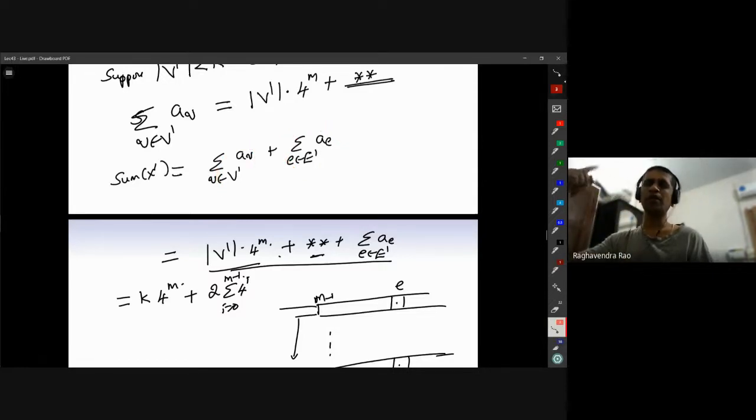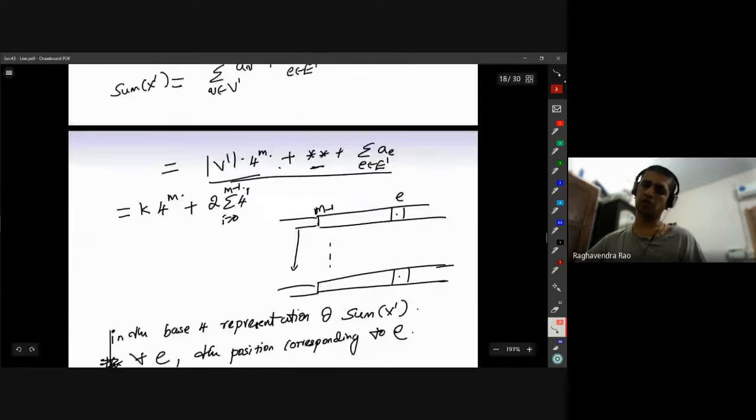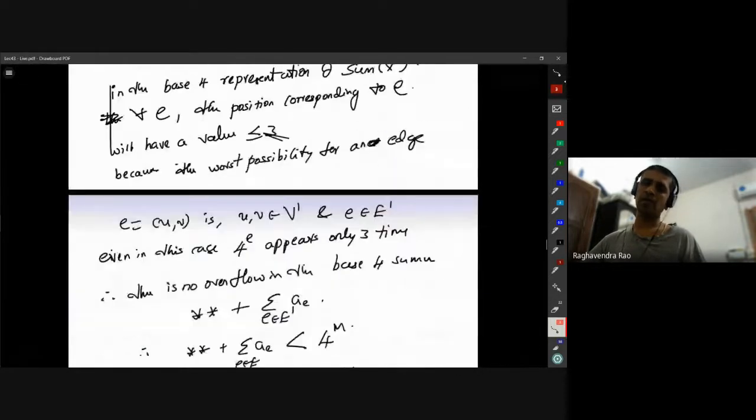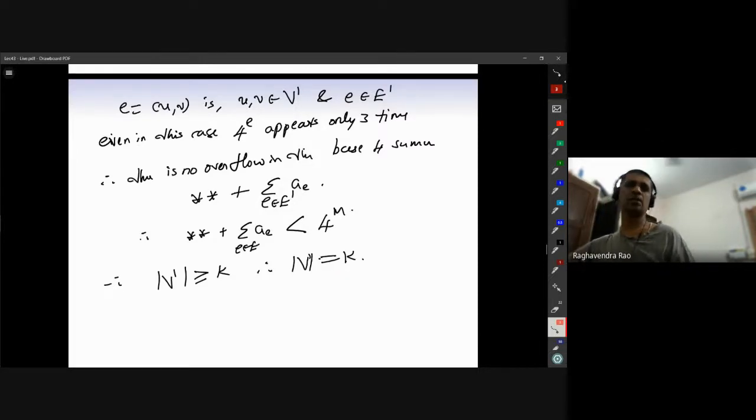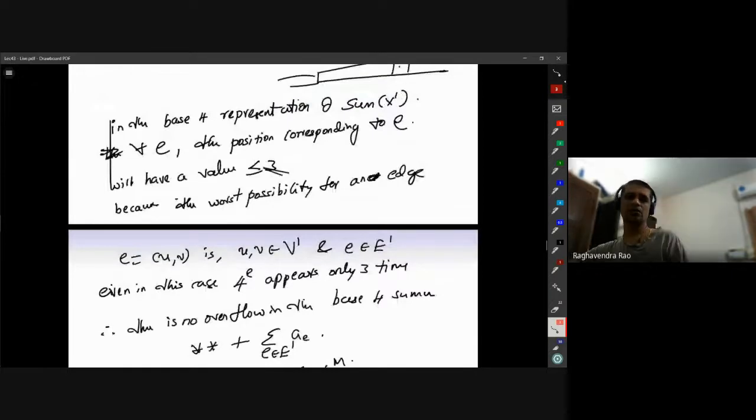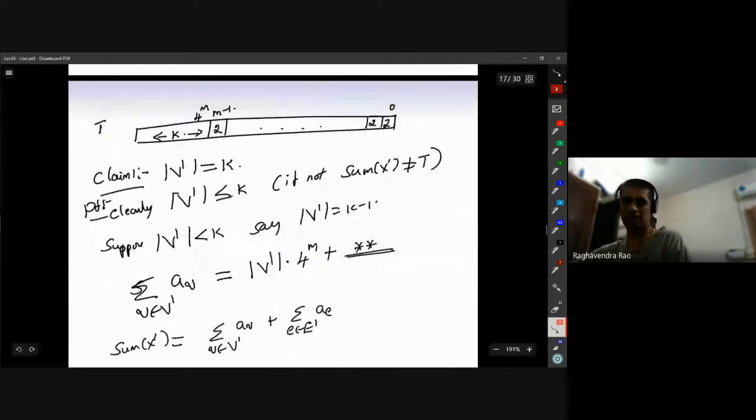Then 4 to the e for that edge is going to come 3 times. So in other words, in the addition there is no overflow, or in other words the value is strictly less than 4 to the m. Therefore cardinality of V prime has to be at least k, but obviously since it is at most k, it will be equal to k. So the first claim is done: the cardinality of V prime is exactly equal to k.